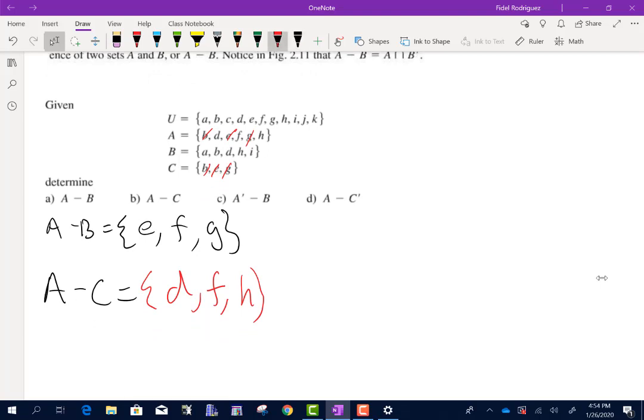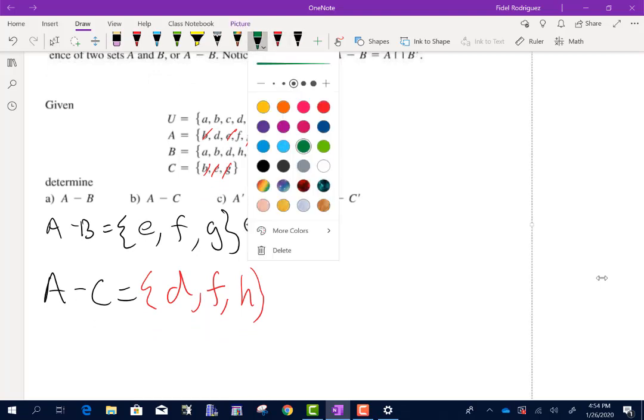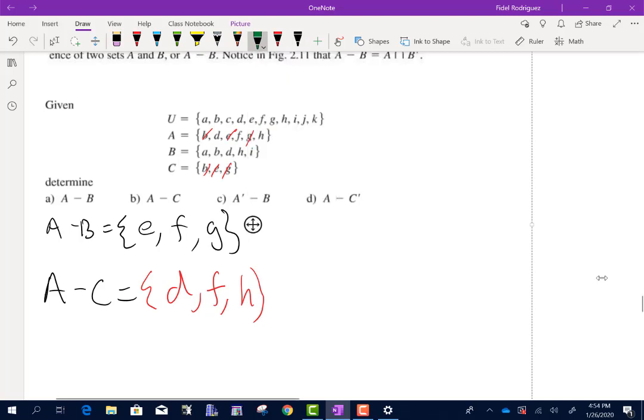Now, let's take a look over here at the next piece. Okay. Let's see. A complement minus B. Well, I definitely need to figure out what A complement is going to look like. Okay. So I'll tell you what. Let's find A complement first.